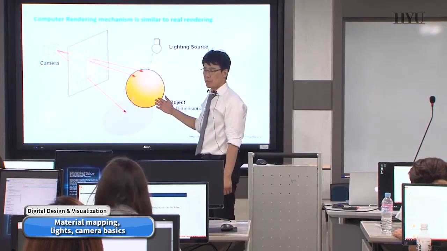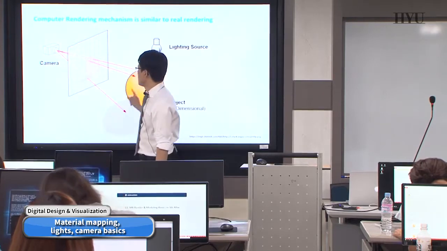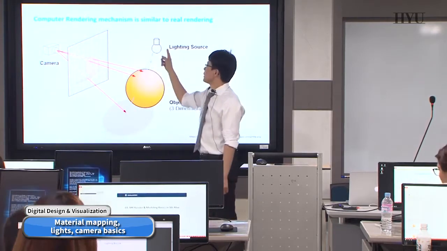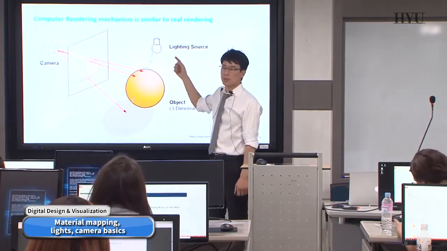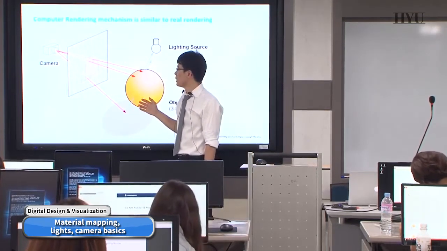So this is the target object, and there is a camera in order to see your object, and of course there is supposed to be a light source. Thanks to the light source, you can see the object, okay?